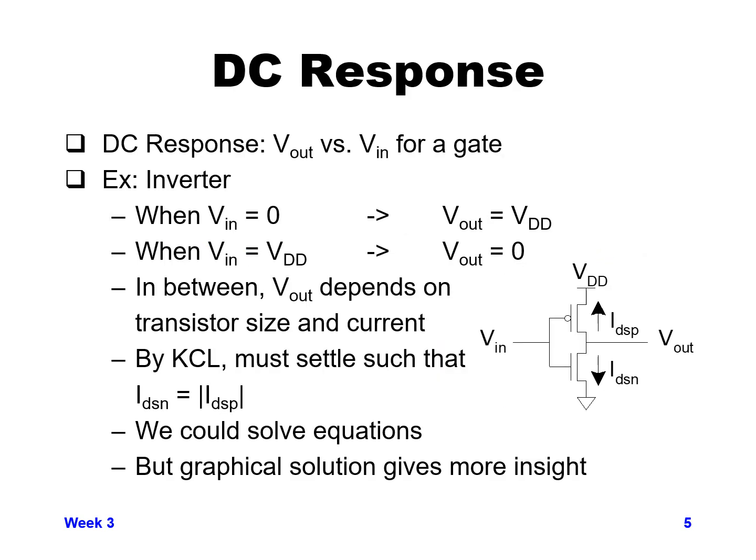Next, let's talk about the DC response of our circuits to Vin, what Vout is versus Vin. We have been assuming that our Vin for our logic gates is always either a logical 0 or 1, which is either at 0 volts or at VDD.